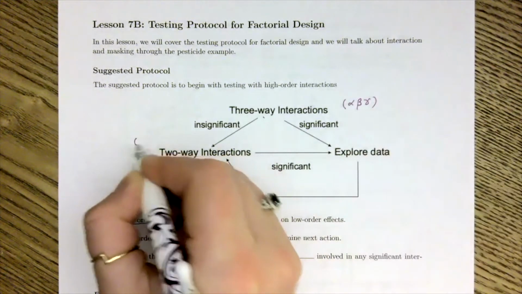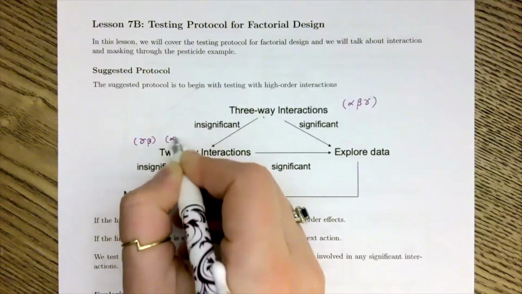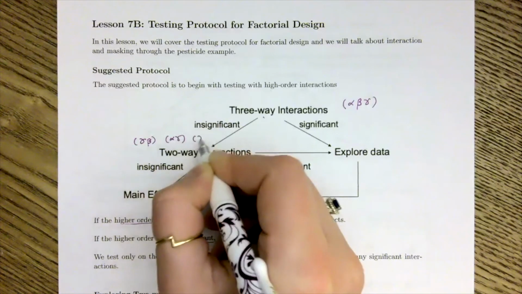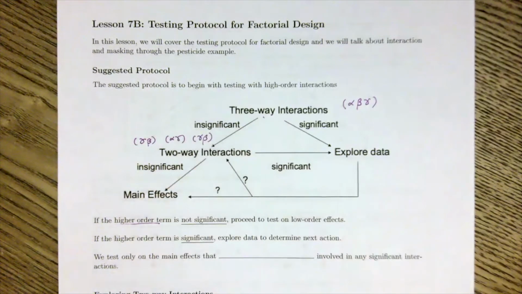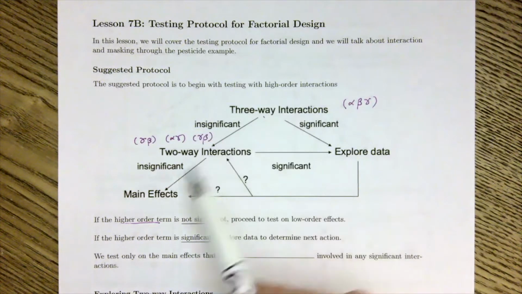In your two-way, that could be your alpha, beta, alpha, gamma, or gamma, beta terms. What I mean by not significant is that your p-value is greater than your significance level. So if this is true, then you can proceed to testing your lower effects and so on.